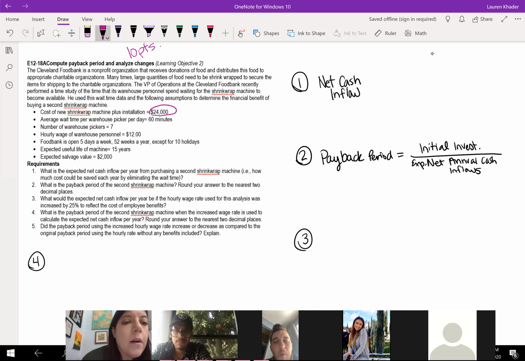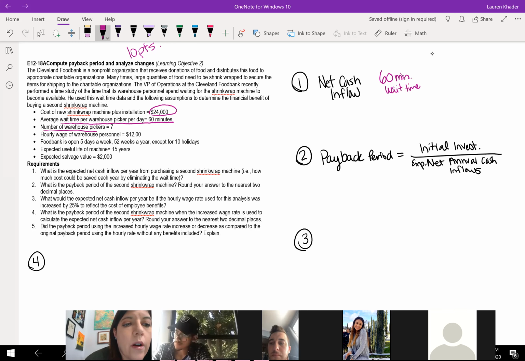So we're going to go back up above. Here we have the wait time per warehouse picker, 60 minutes, and we have the number of warehouse pickers, 7.